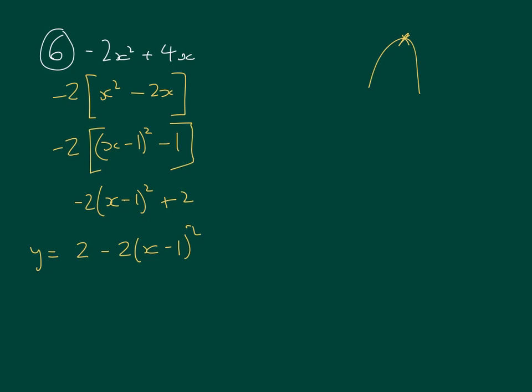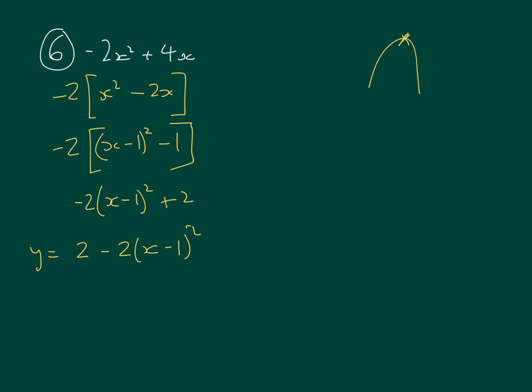So to make this as big as possible, this needs to be as small as it could possibly be, because we don't want to take off anything. If we took off something, this would become smaller. So to make this whole thing 0, we need to make this bracket here 0.